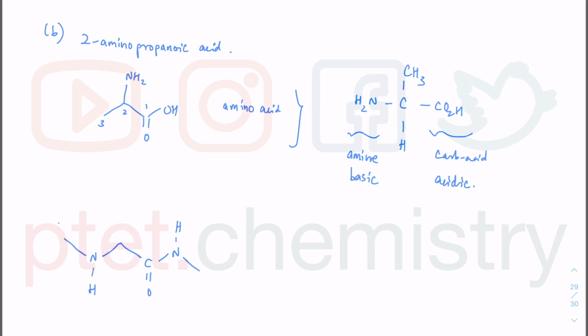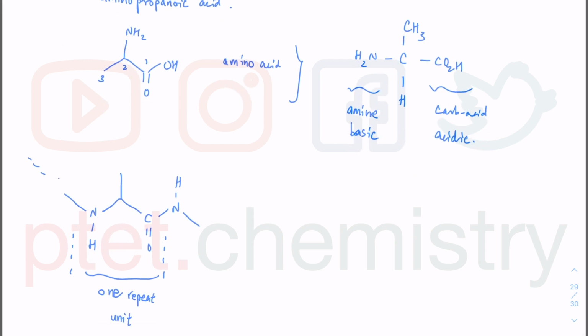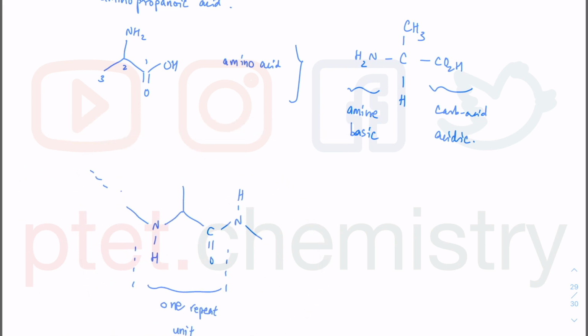You just continue, and then this is the R group, which is the CH3, this is the CO. So going from here to here, this is one repeat unit, because that is your original amino acid unit, a carbon, a H and a CH3, and then the NH2 and the CO2H, polymerized that way and polymerized that way.